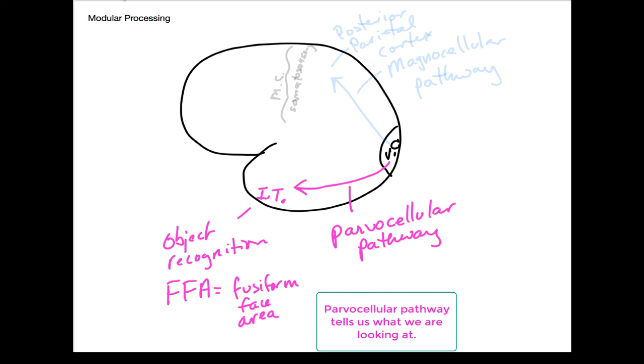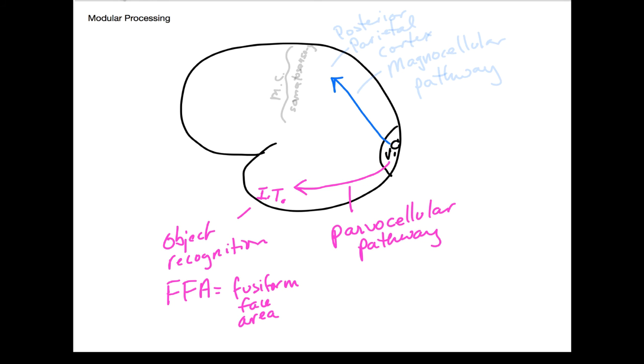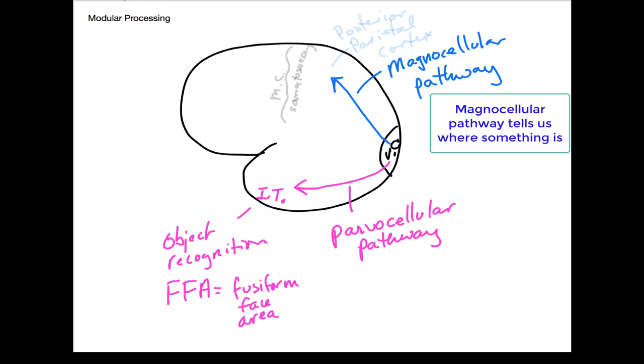And there's another one specialized for detection of movement. So this in blue here is the dorsal stream, also known as the magnocellular pathway, with large receptive fields, not good for seeing detail, but definitely good for figuring out the location of an object. And this information ends up going to the parietal cortex. So we see here the central sulcus, motor cortex here, somatosensory cortex here.